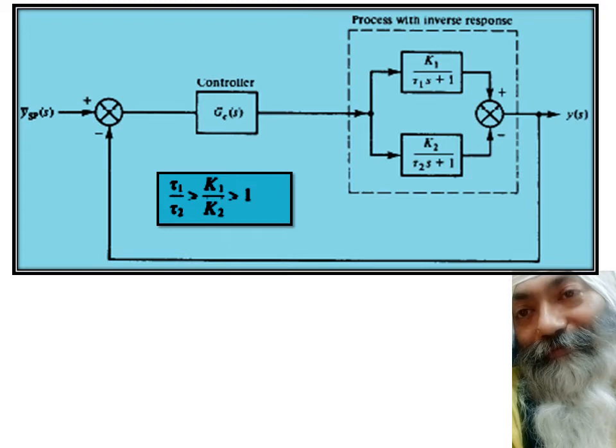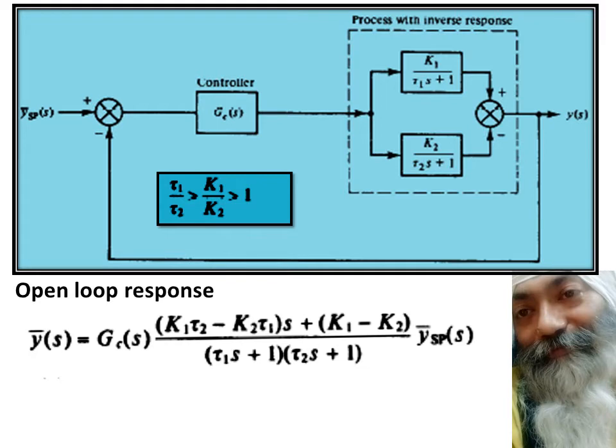So once we see this condition is fulfilled, then the open loop response for this kind of process will be given by, as you can see in the figure also, this y is taken from here.